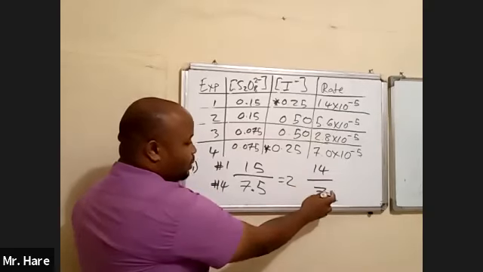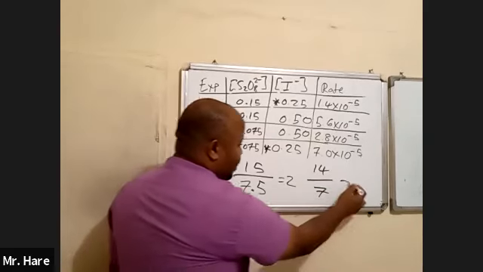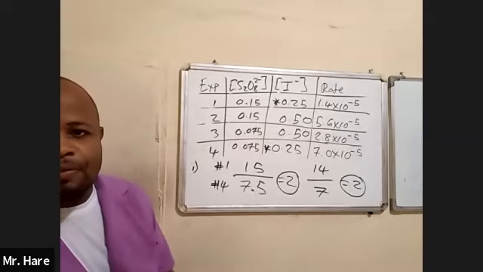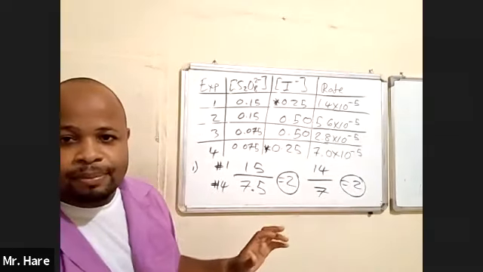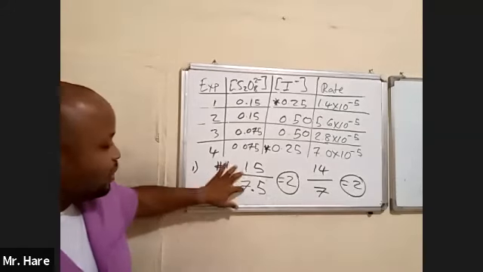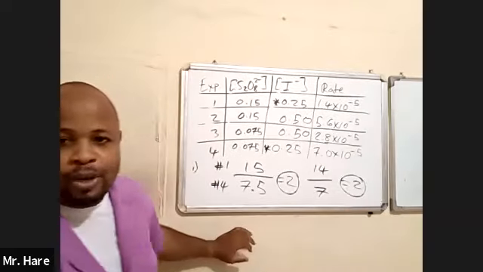Going from 14 to 7, you will get 2. If the numbers are the same, people, it means that both of them are changing in the same way. Both the concentration and the rate change in the same way.